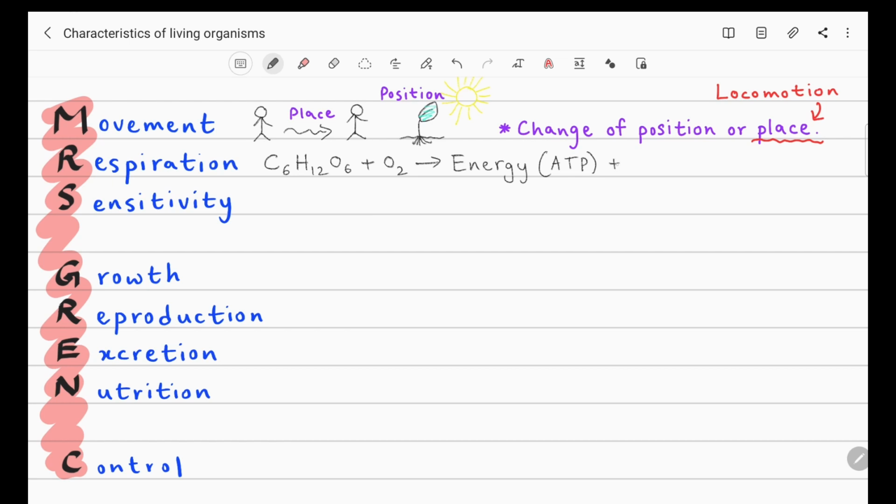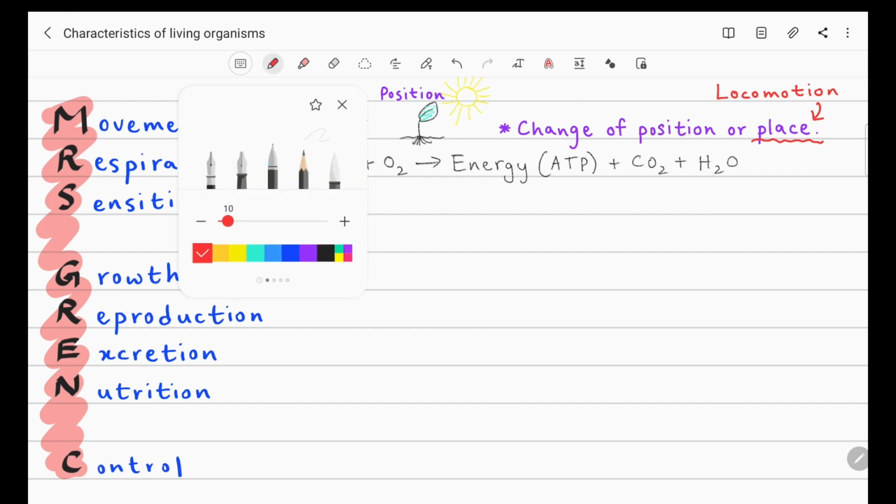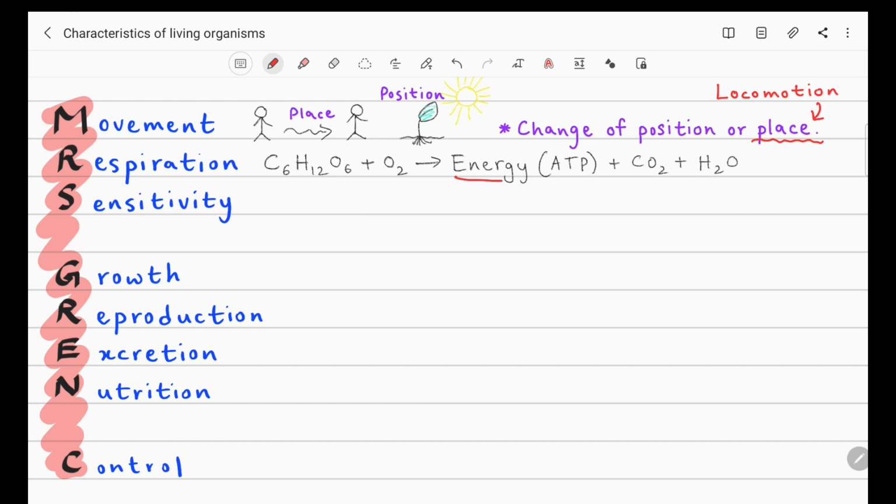And carbon dioxide and water, which are the waste products. Right. So remember that the main thing here is energy. The whole point of respiration is to produce this energy.